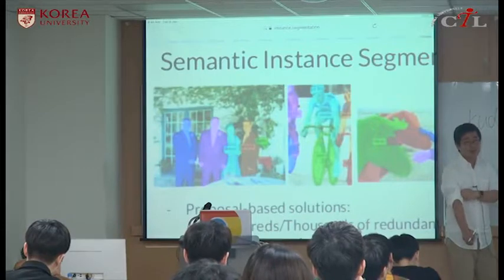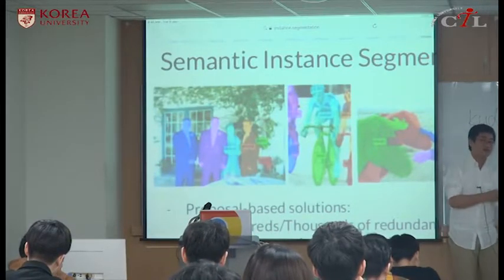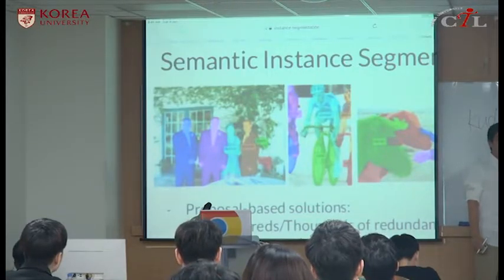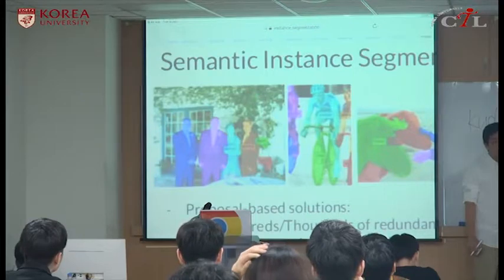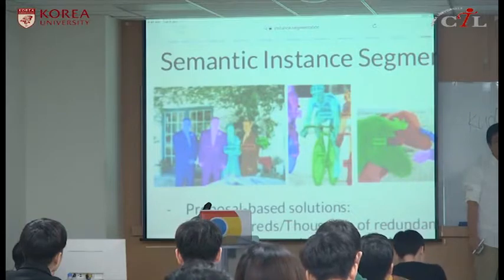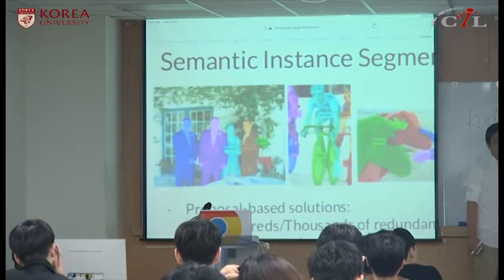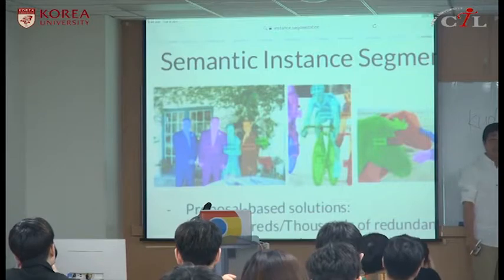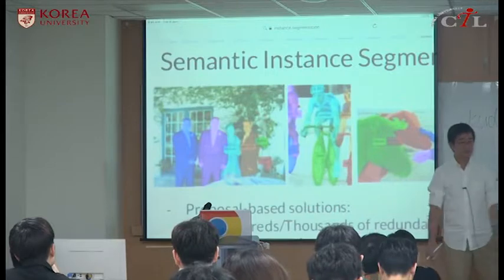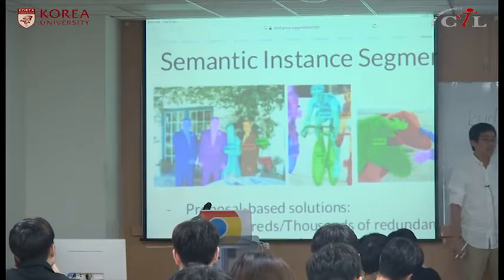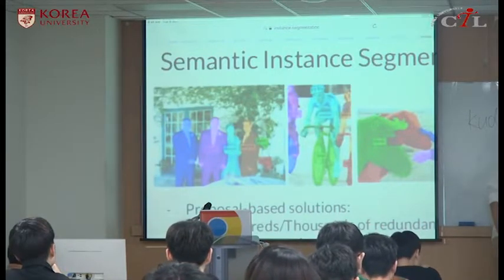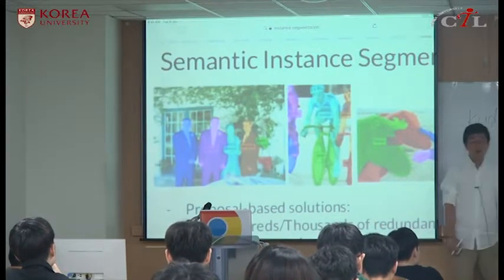So this is a much more difficult problem compared to image-level classification. Given a particular image, whether it is a dog, a cat, or a person, that is just done at the image level. We don't need to indicate where exactly that particular object is located in our image. But this task is much more detailed, because we have to determine the exact set of pixels belonging to a particular object, right?